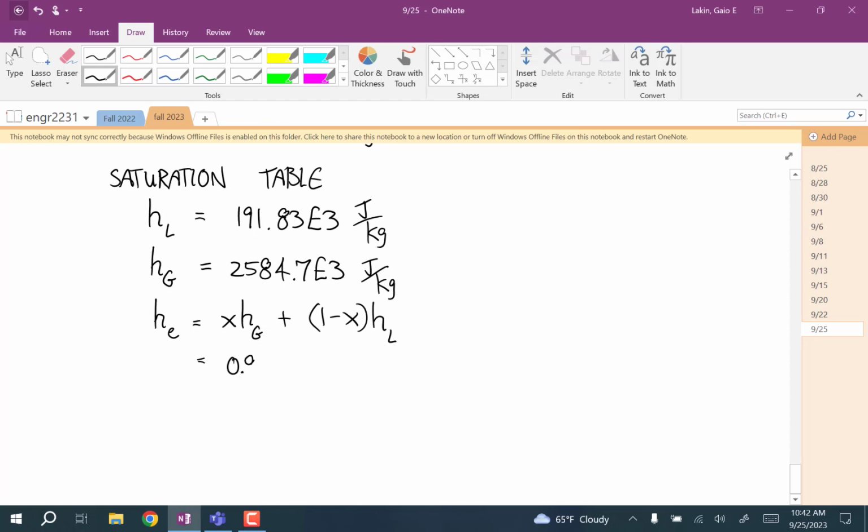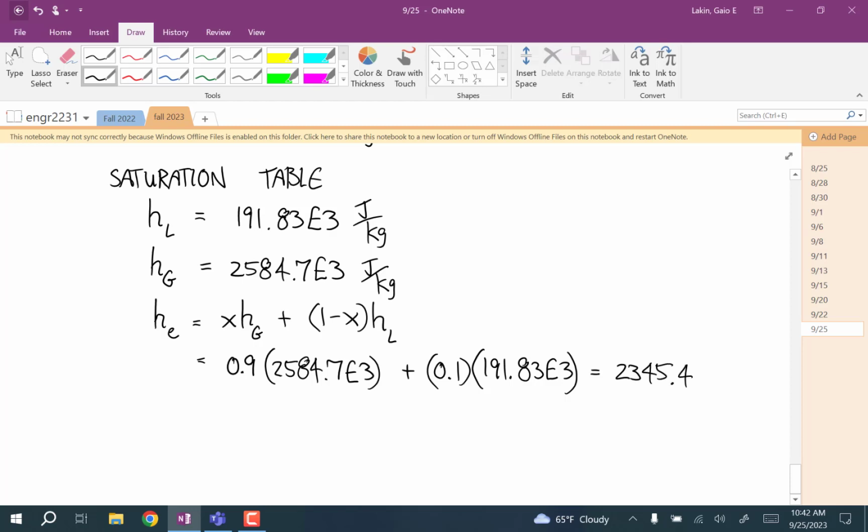So that's 0.9 times 2584.7 times 10 to the third plus 0.1 times 191.83 times 10 to the third. And you get a total specific enthalpy at the exit of 2345.4 times 10 to the 3 joules per kilogram.